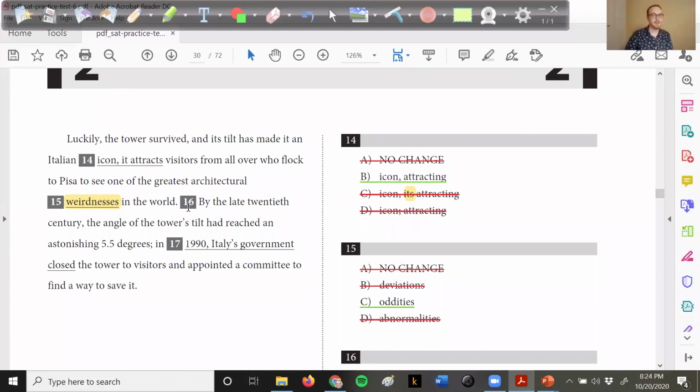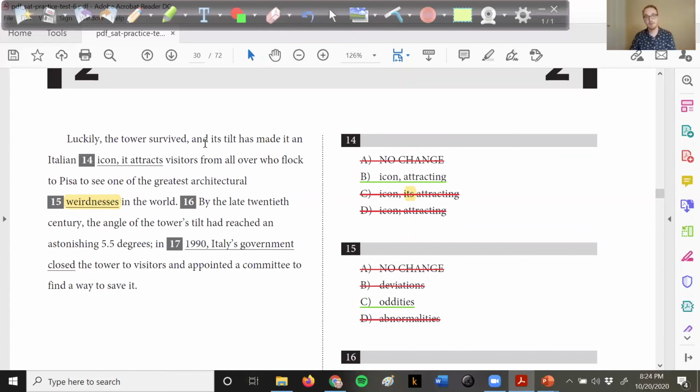So the sentence where we would insert it in number 16. Luckily, the tower survived, and its tilt has made it an Italian icon. Visitors from all over flock to Pisa to see one of the great architectural oddities in the world.